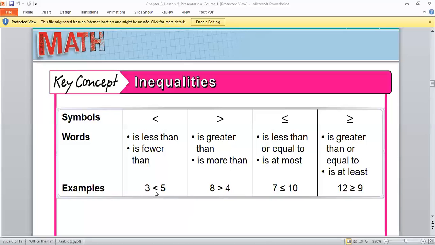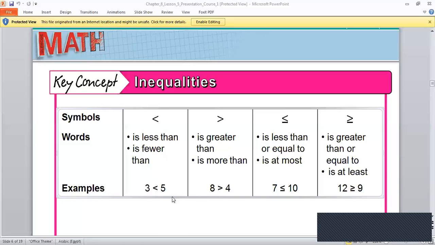It opens its mouth to eat the greatest number, or the greatest fish. Because 5 is greater than 3, the shark will open its mouth to eat the big 5. Here we have 8 is bigger than 4, so the shark opens its mouth to eat the big one.